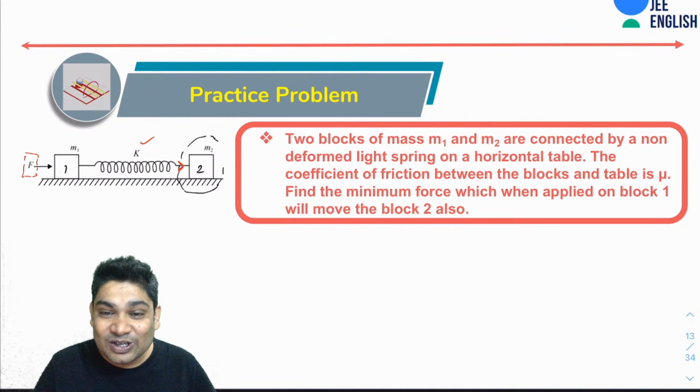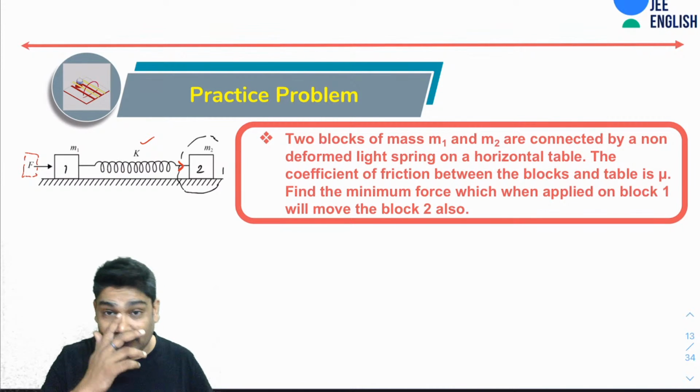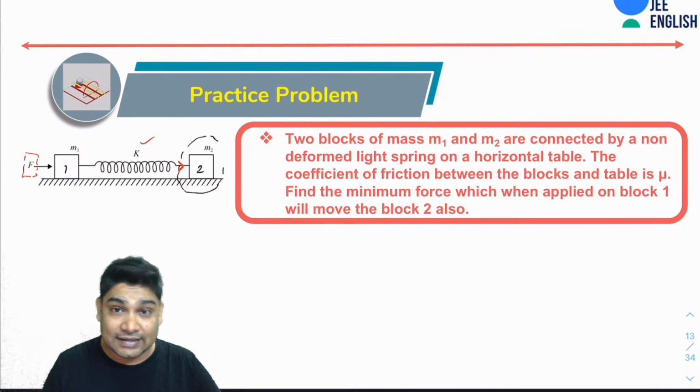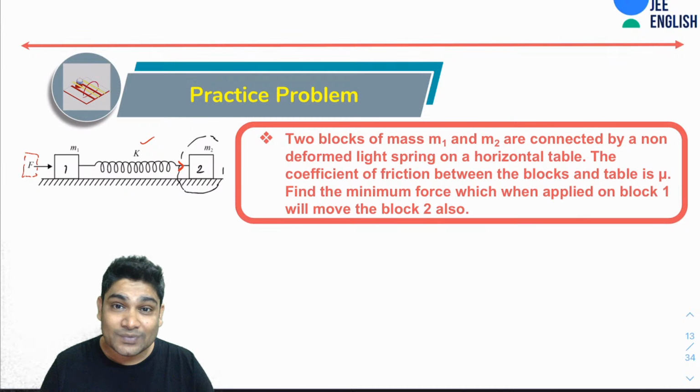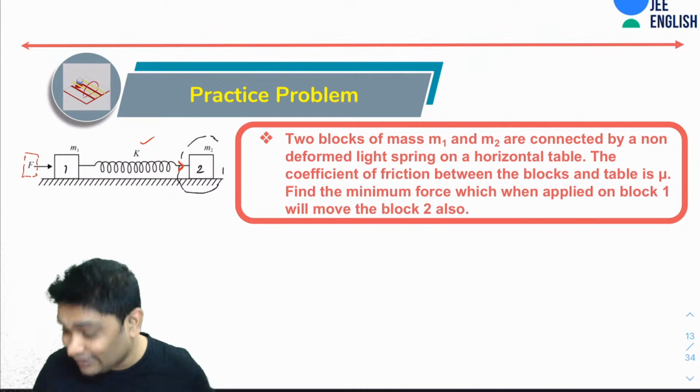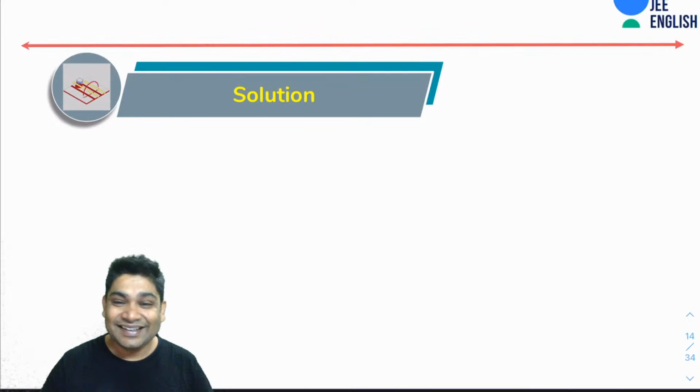So Asha, yes, as I said, the book that I really recommend is HCV. Definitely, HCV is the book that you should be doing for problem solving. I think you could go for either of them. See, I don't like the theory in both much. Okay, so let's talk about the solution.